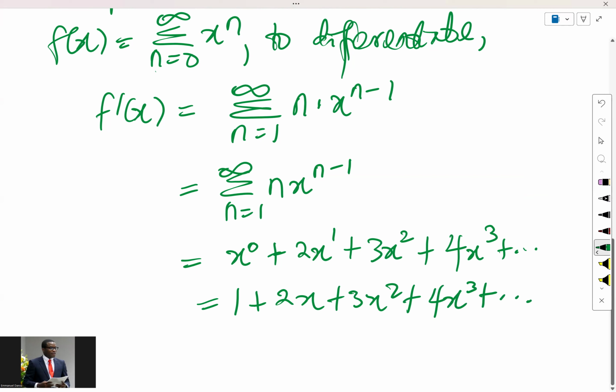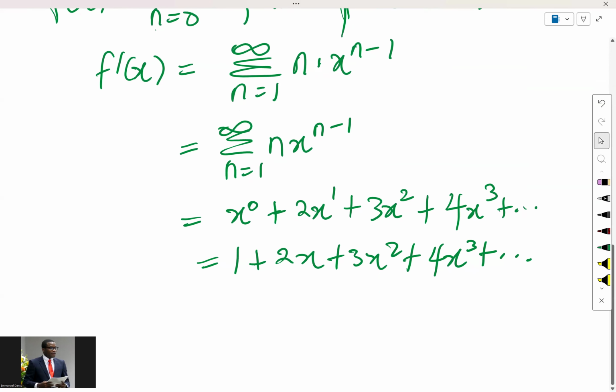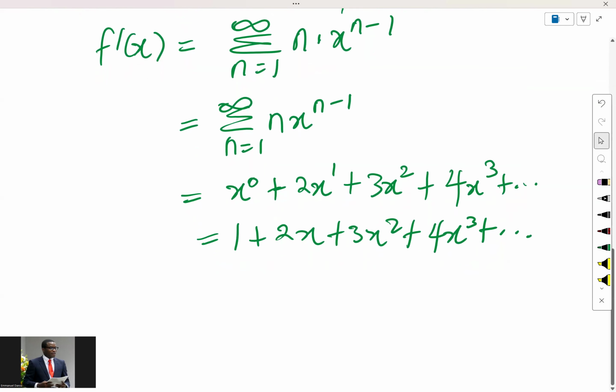Yeah, you can see here, this actually looks like a geometric series.